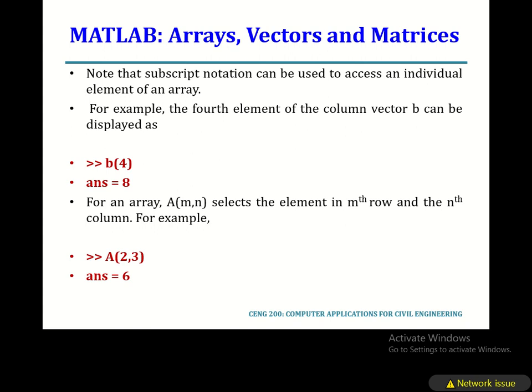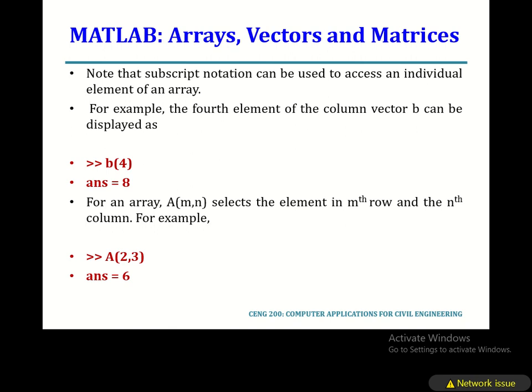Okay, so if you don't use equal to sign, here you can see what we are doing: B within bracket 4. I am asking the program to give me the 4th value in the matrix B. When I say B equals 4, it means B is assigned 4.